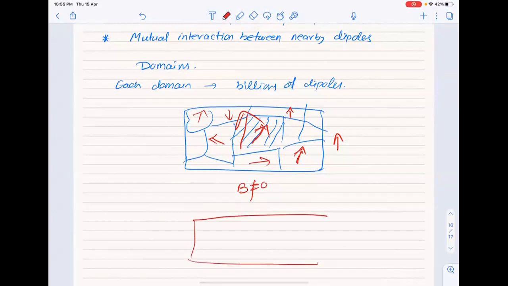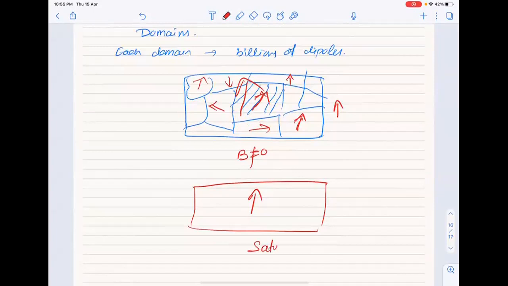You can think of it as one single alignment, and that is why you call it saturated. There are no more domains which are not aligned along the field. Everything is aligned along the field. You can have literally a single domain, when one domain takes over the material entirely.